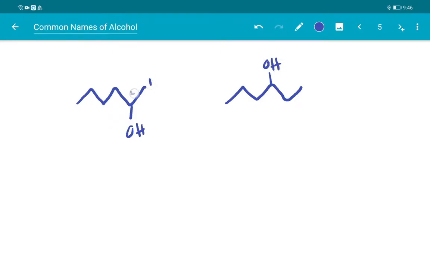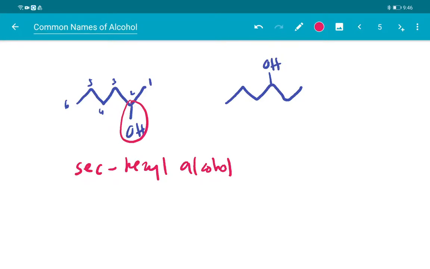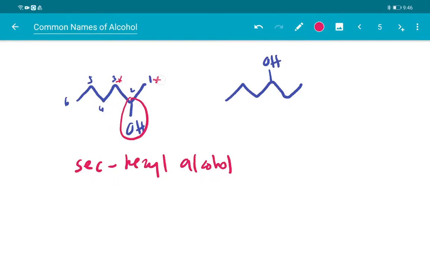For the first one, the IUPAC name will be hexan-2-ol, and the common name will be hexyl alcohol. This is because the carbon which is attached to the OH is attached to 2 carbons.